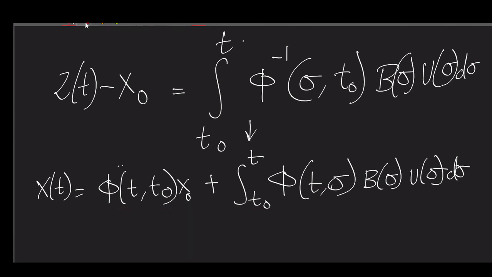This to this, how we can write this. Isn't it very obvious? See, z(t) is equal to what?